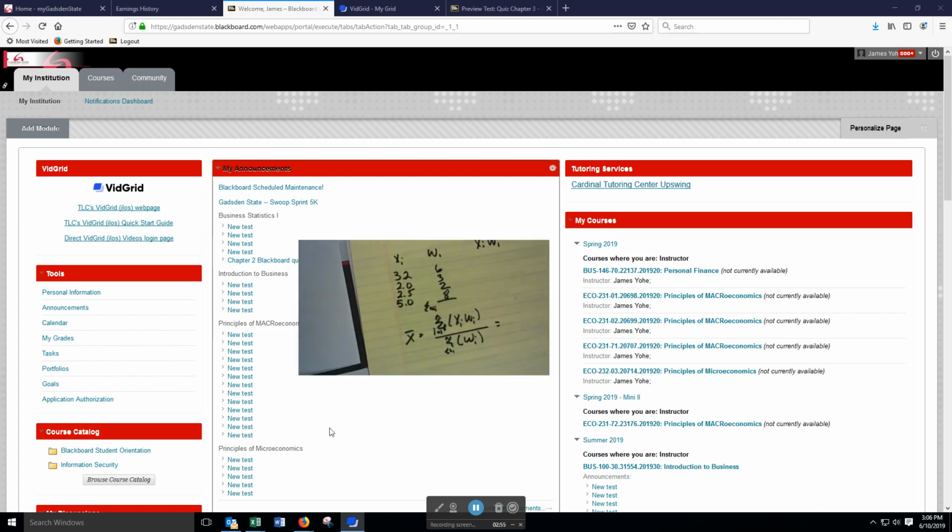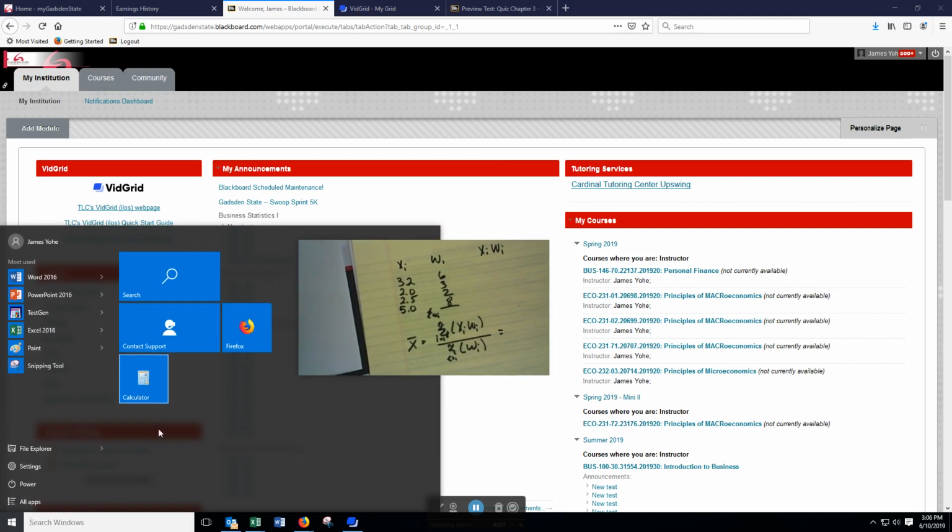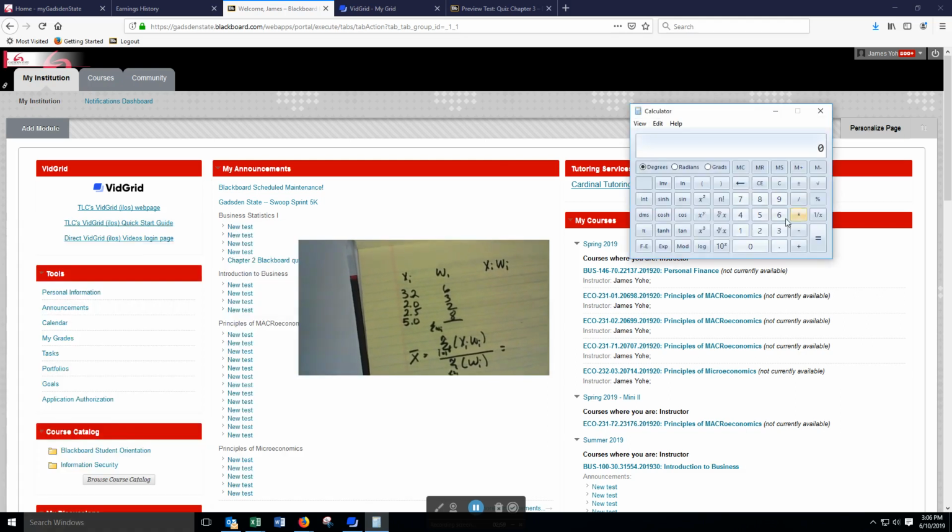So starting with 3.2, got my calculator here, 3.2 times 6 is equal to 19.2. Next, I've got 2 times 3. I'm pretty good with math.